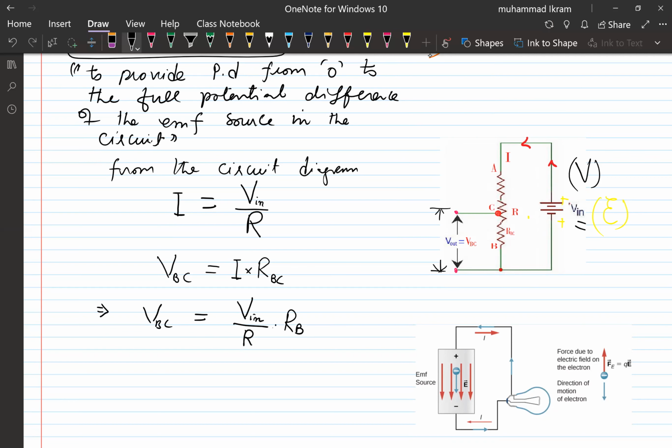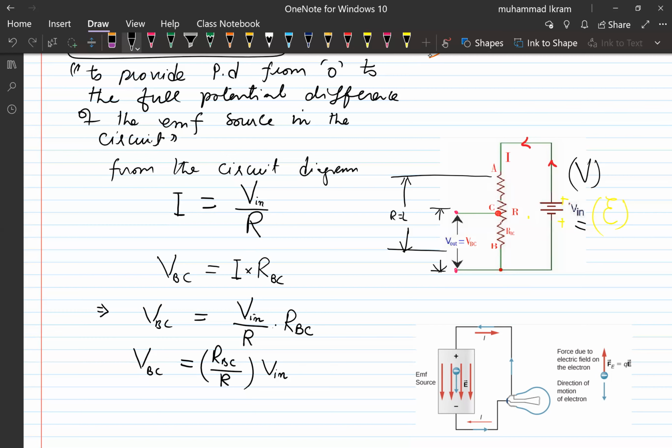From this equation, the potential difference across the points B and C is VBC equals RBC by R into Vin. Here R is the initial resistance of the wire at its total length L.